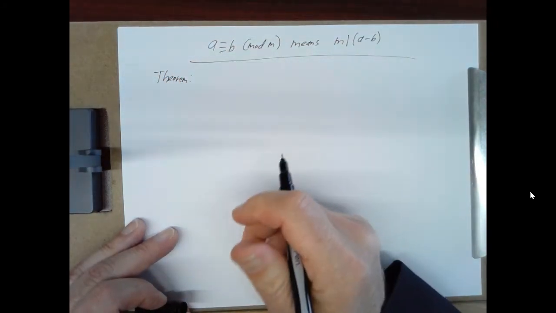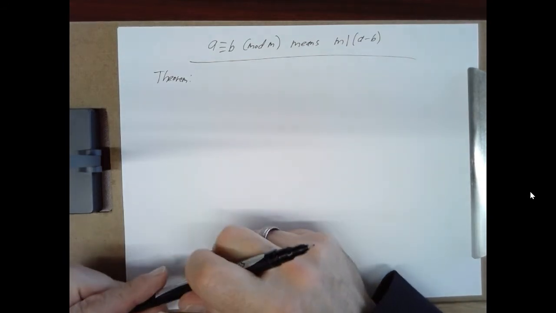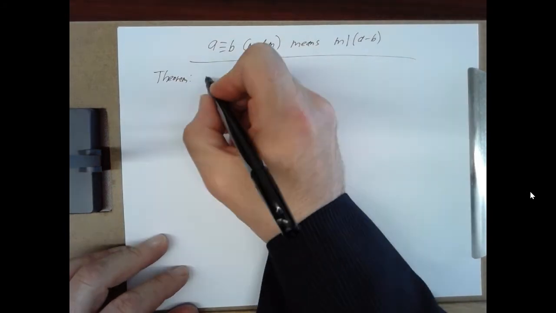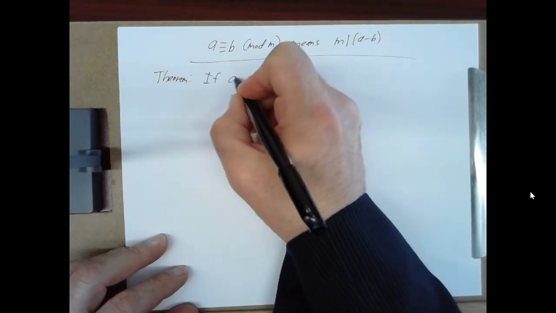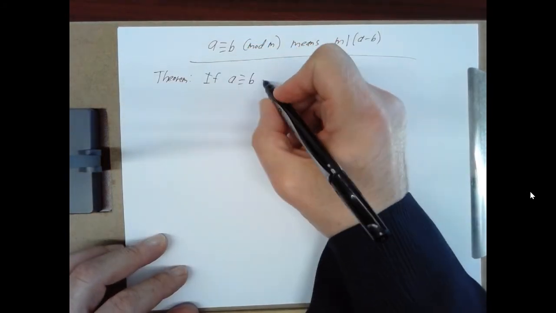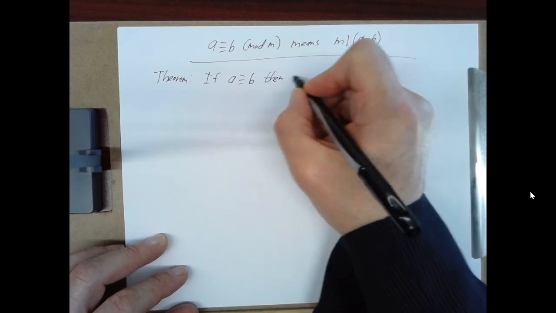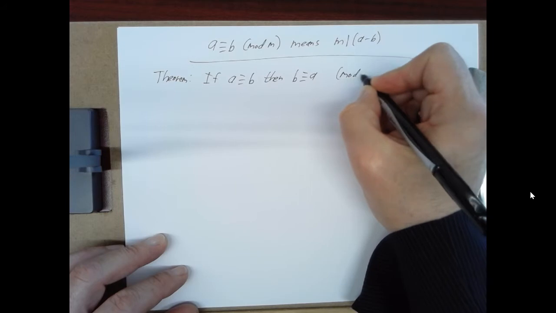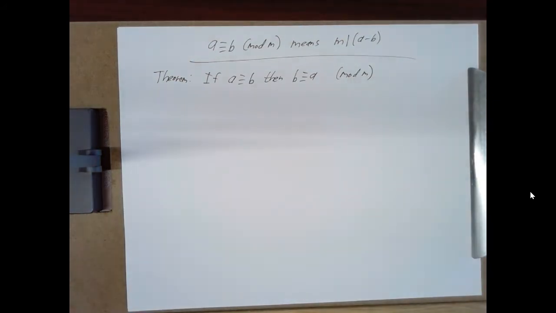All right, here's a theorem which you might think is obvious, and it is, but it wouldn't necessarily be in other settings. If A is congruent to B, then B is congruent to A, and this is all mod M. We're used to things being symmetric like this.